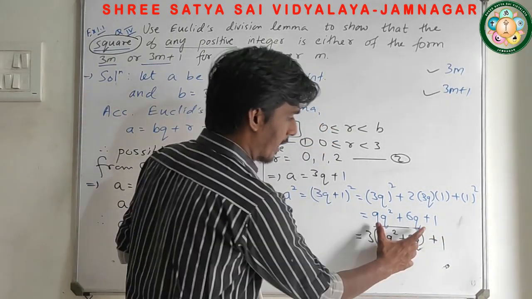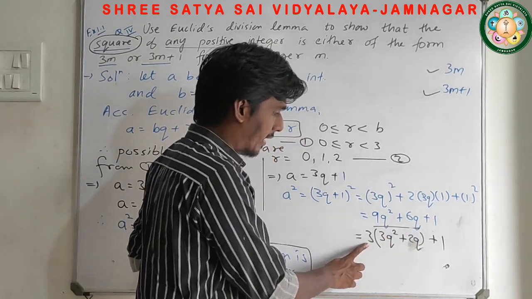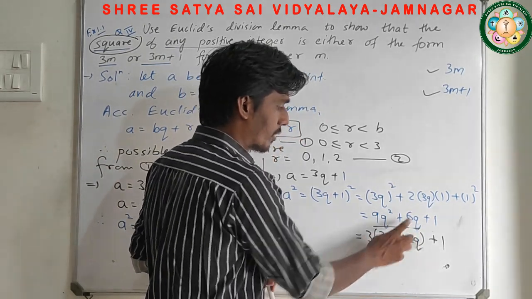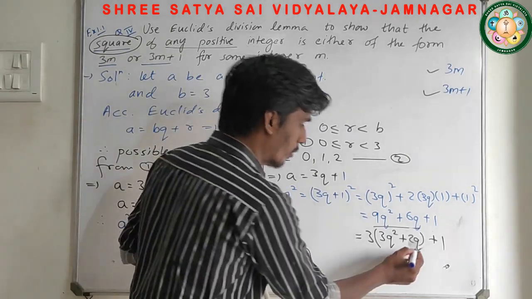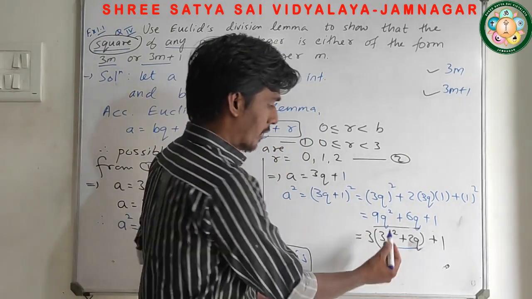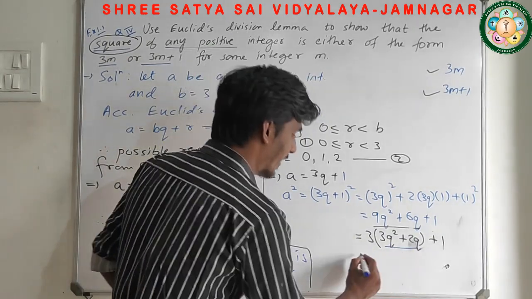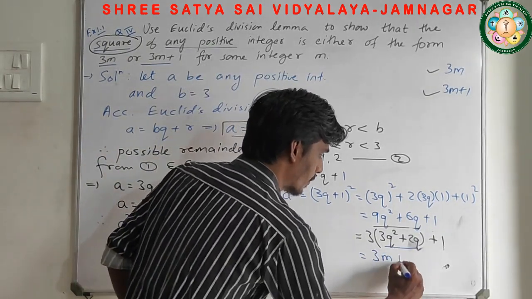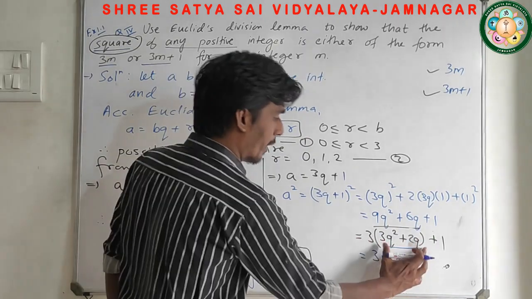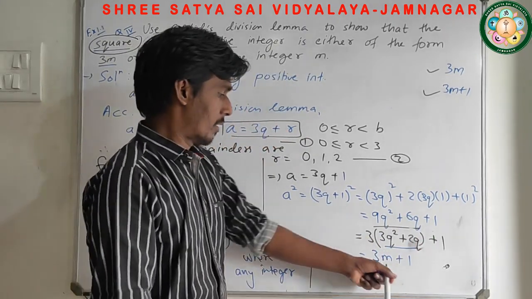From these two terms I took 3 common, so 3 3s are 9, 3 2s are 6. Now I'm going to take this integer, 3q square plus 2q, as any integer, say m.